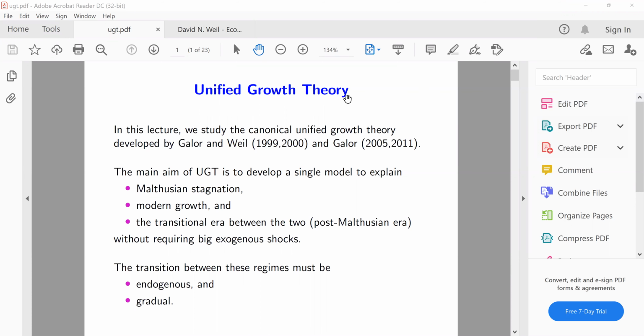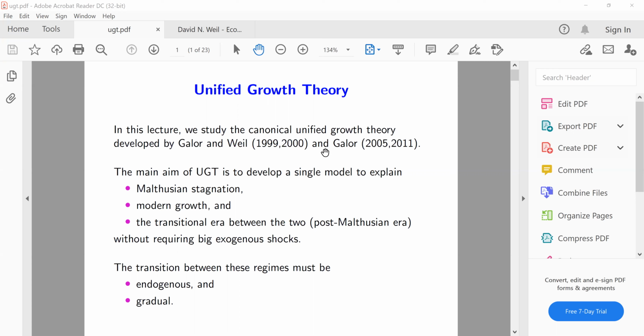So this theory, which is called unified growth theory, was first explored or discovered by Galor and Weil in 1999, and 2000 paper in American Economic Review is actually the seminal paper.